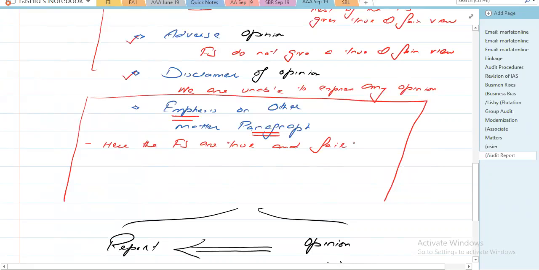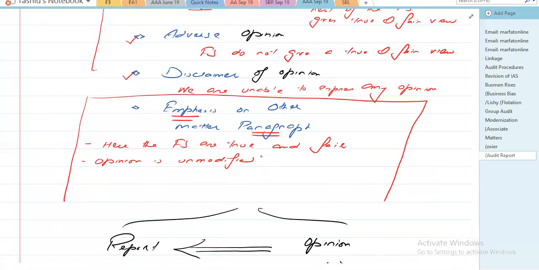Everything is fine when we are going to include this paragraph. So when everything is fine, that means the opinion is unmodified, because the financial statements are true and fair.